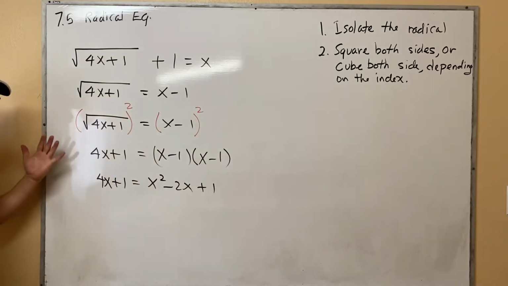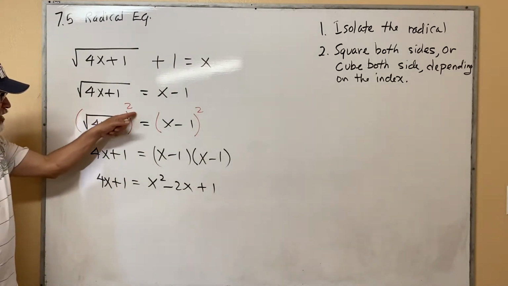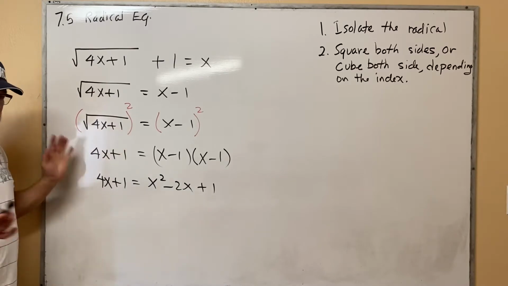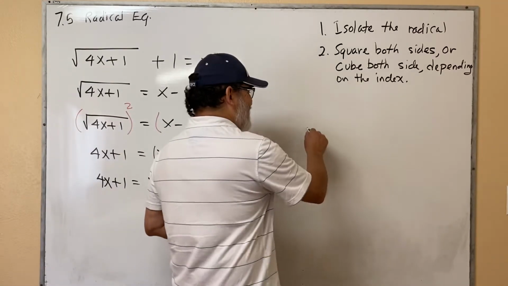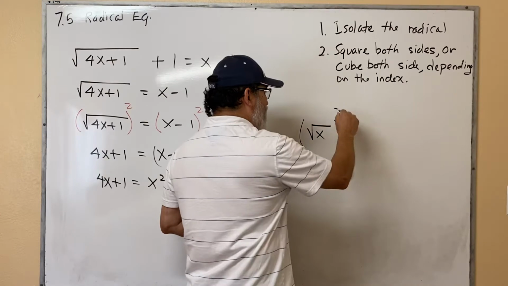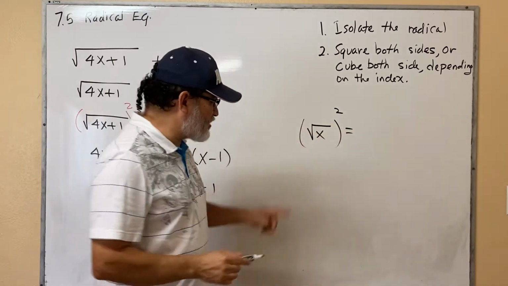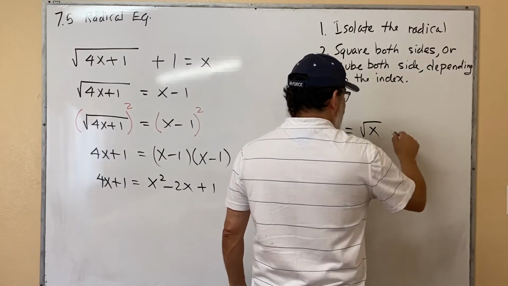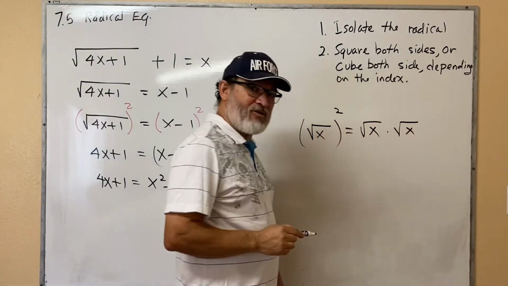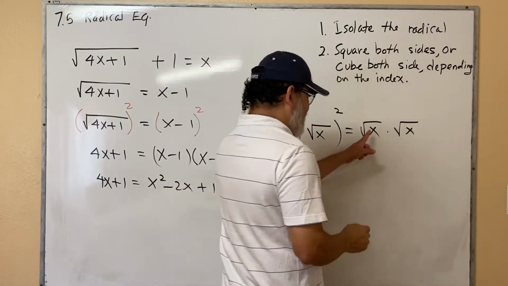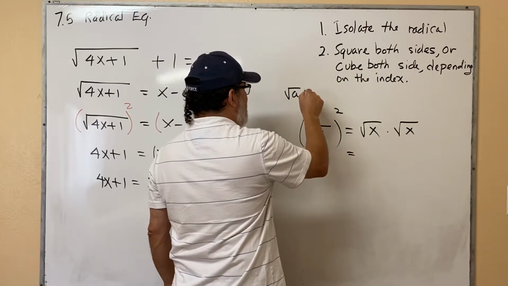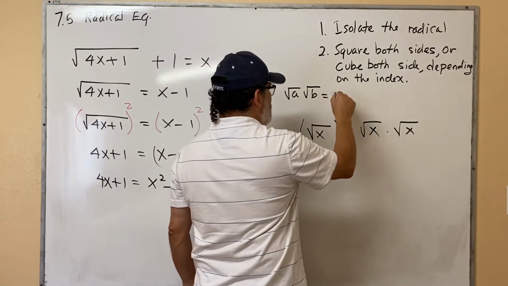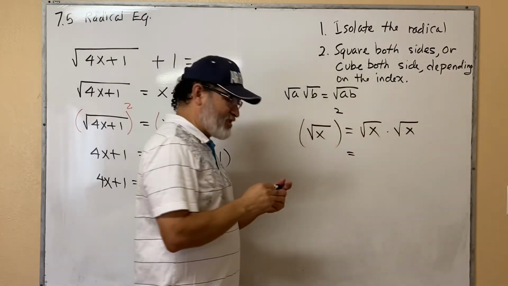Okay, so here's what happened. When you square the square root, hey, the radical goes away, okay? That's always gonna happen. Watch this. The square root of x, quantity squared. This is the square root of x times the square root of x. Remember this property? The square root of a times the square root of b equals the square root of ab. That's the product rule.